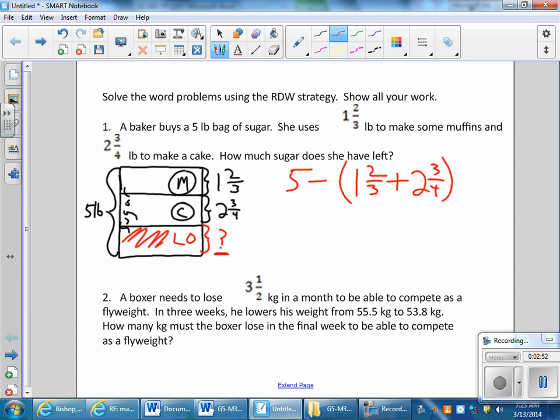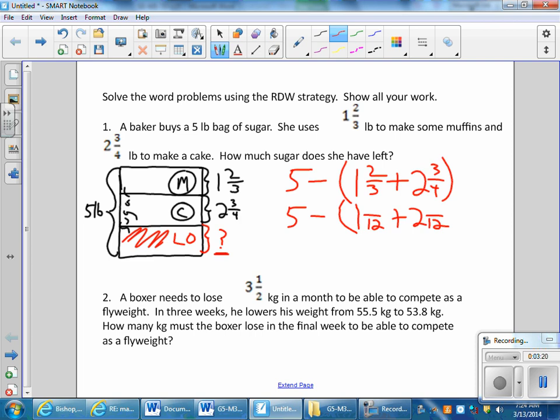Okay, so there's the beginning part of my number work. I'm going to bring down the 5 and do what's in the parentheses first. I find a common denominator. If you still need to list your LCD on the side, please do that. Until you can find your common denominator mentally, continue to make your list to find your least common denominator.